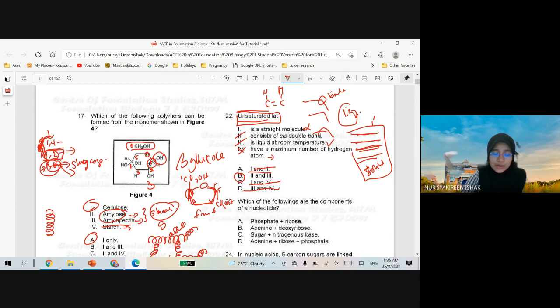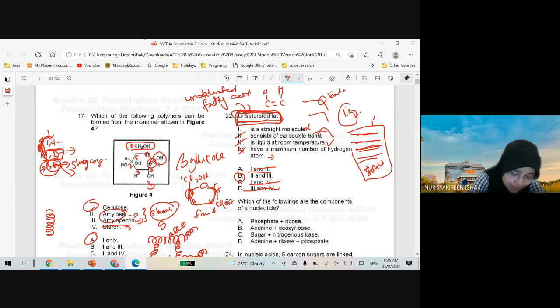You have to take note of these two terms. Unsaturated fat, its component is unsaturated fatty acid and also glycerol.